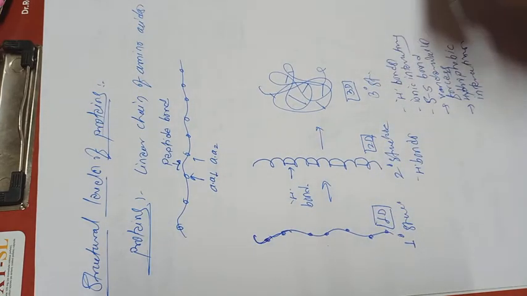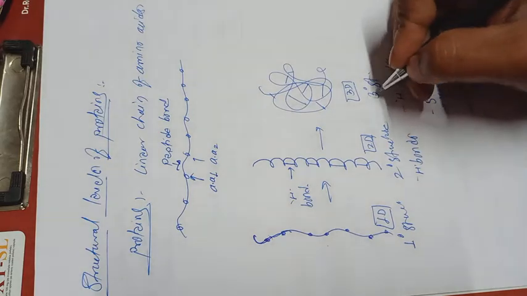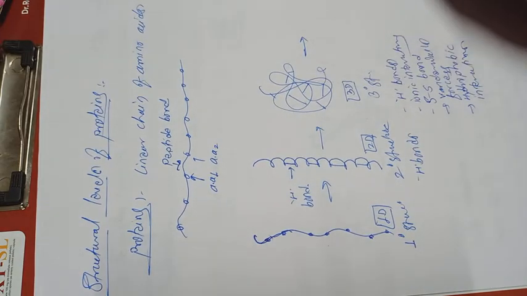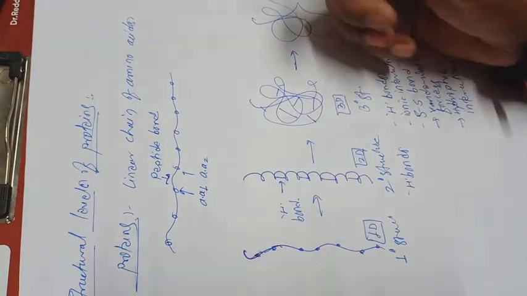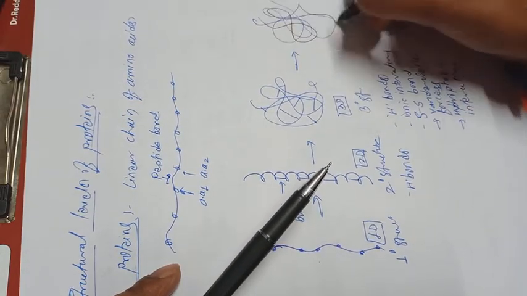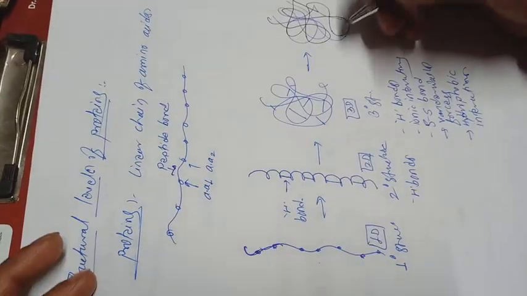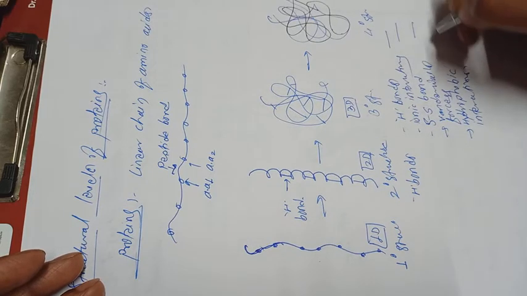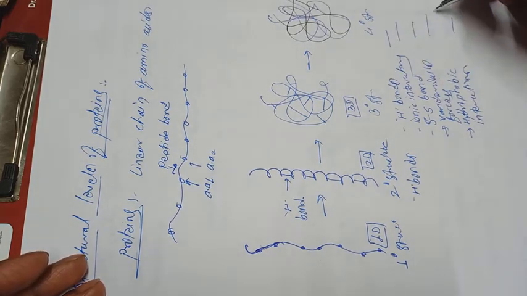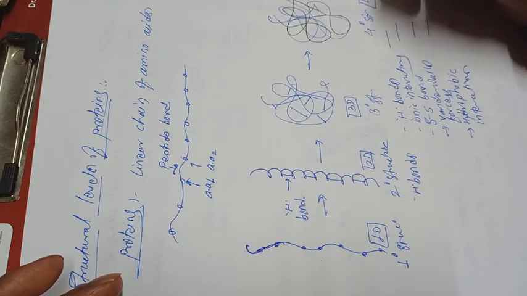The tertiary structure consists of hydrogen bonds, ionic interactions, disulfide bonds, van der Waals forces and hydrophobic interactions. When more than one polypeptide chain is present in a specific structure, plus all these types of bonds, it is a quaternary structure.